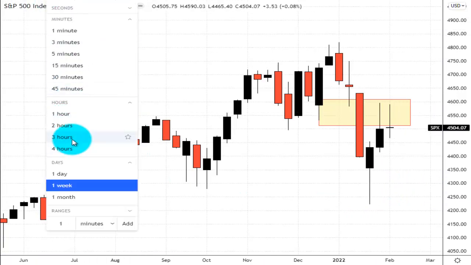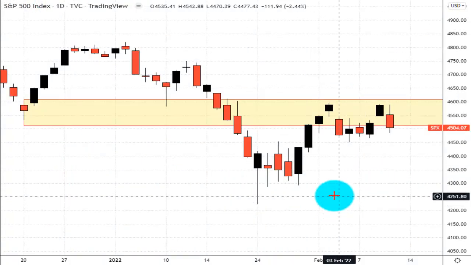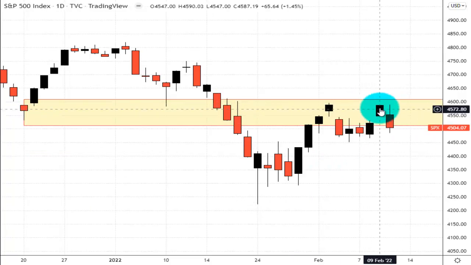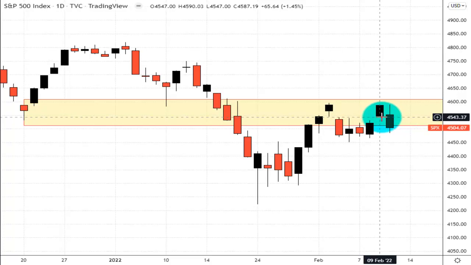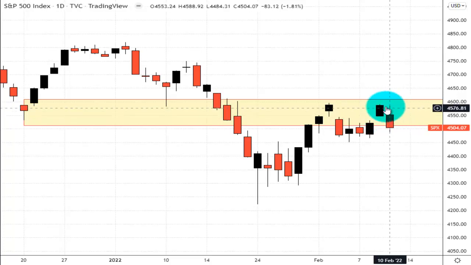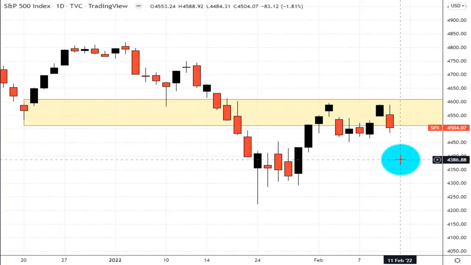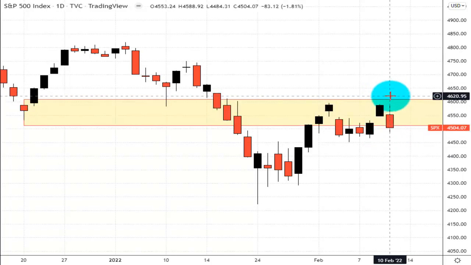That broader context gave me a way of looking at this and saying, man, if this thing can take out the low right here of yesterday's candle like it did today, that could be the beginning of a pretty nice trade, and with your stop up here.